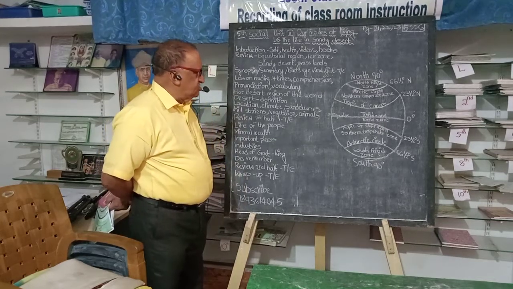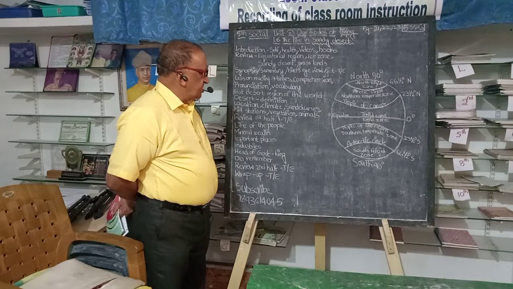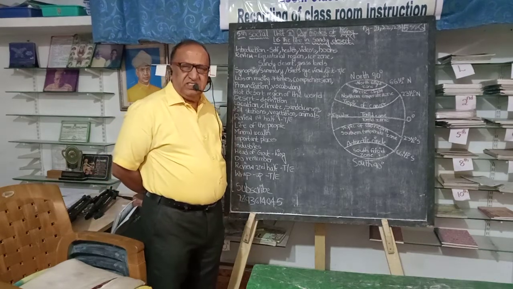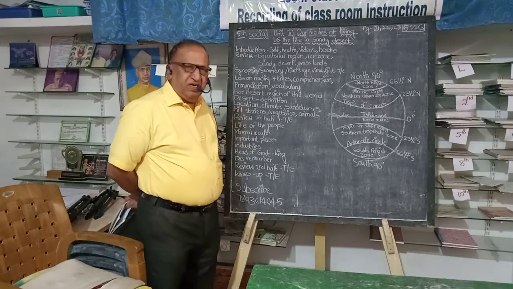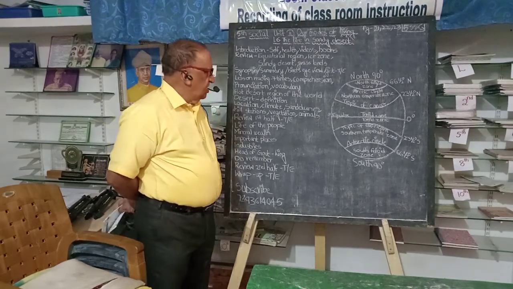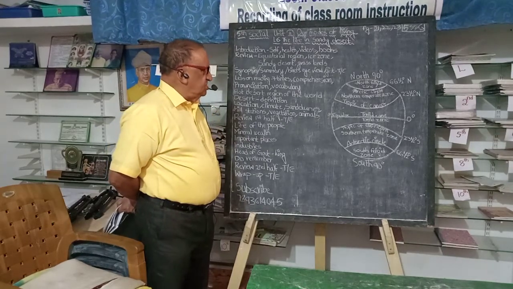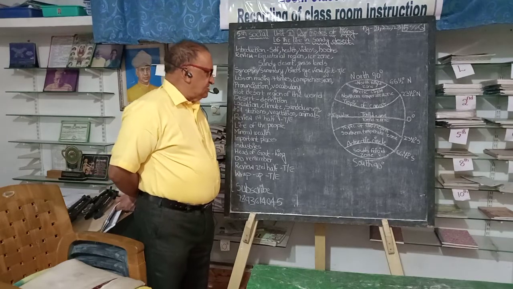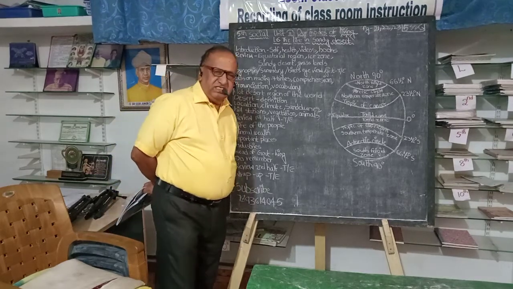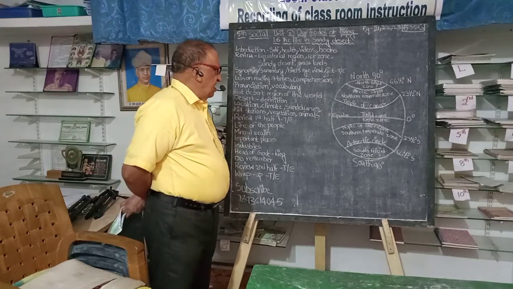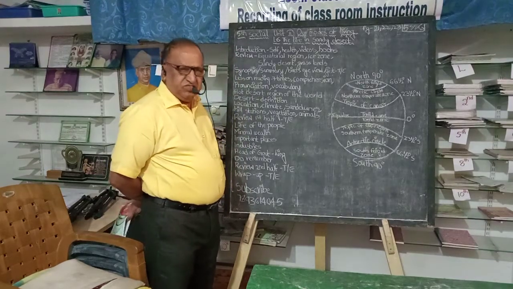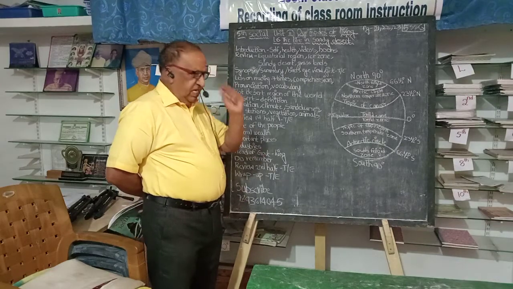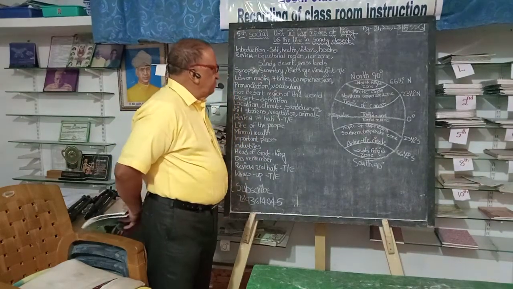If the equator is 0 degrees and the Tropic of Cancer is 23.5 degrees north, and the Tropic of Capricorn is 23.5 degrees south, the area between these two, the Tropic of Cancer and Tropic of Capricorn, is called the torrid zone, and the area within 10 degrees north and 10 degrees south is called the equatorial region.